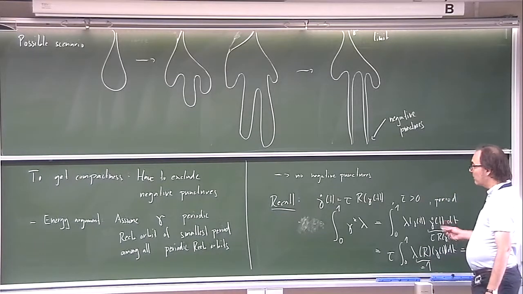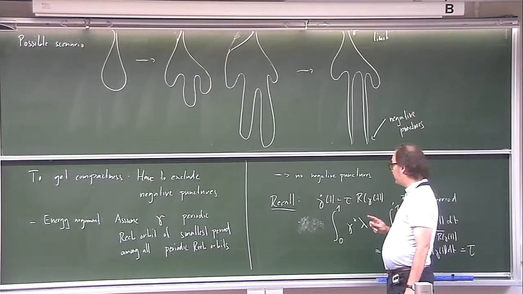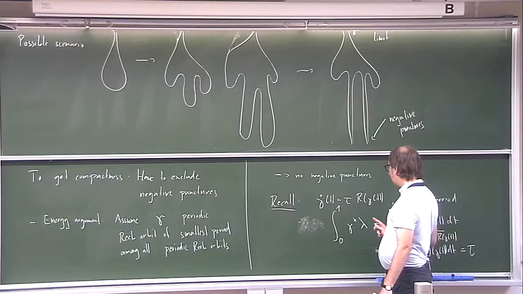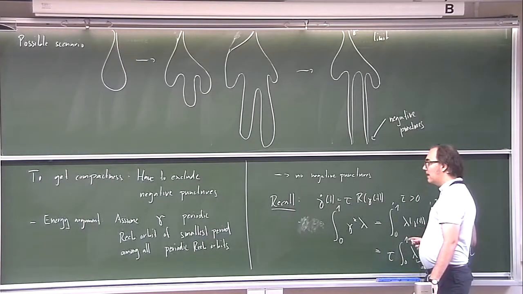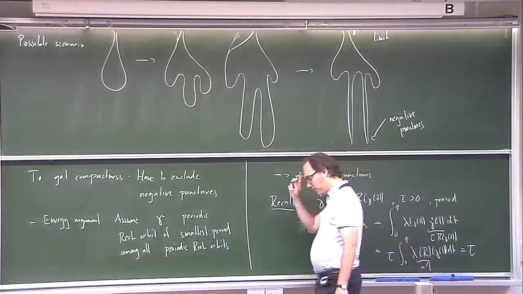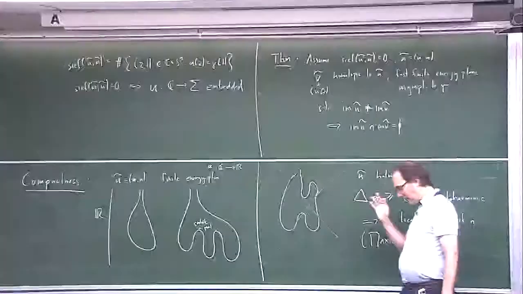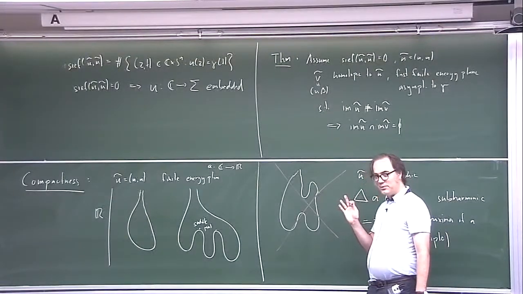So for Reeb flows, the period corresponds to the action. This is important to keep in mind, because in the restricted three-body problem there is some issue with this period, because usually we reparameterize the flow.